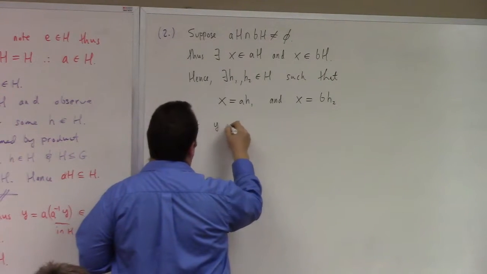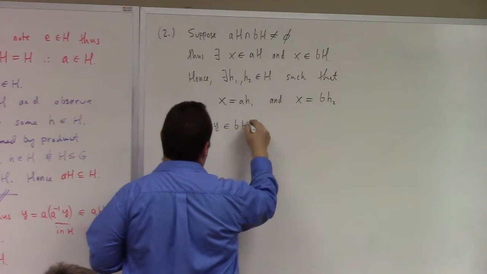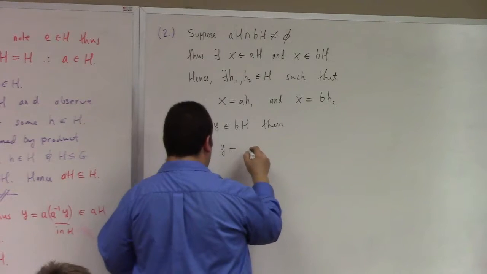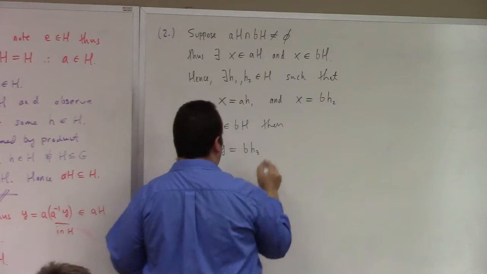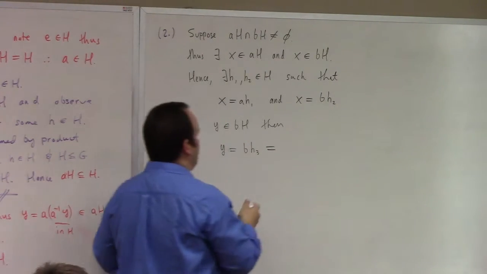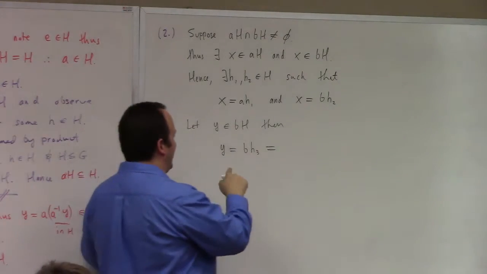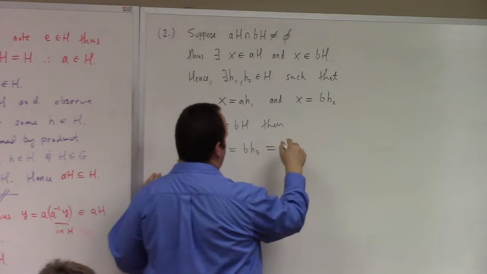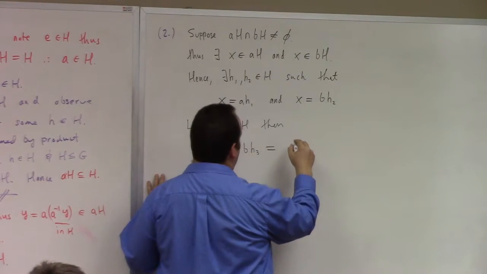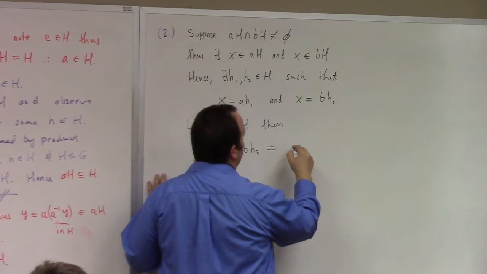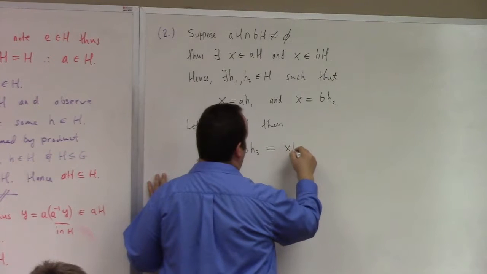So let Y be an element of BH, right? Then Y is equal to B times H3, right? I shouldn't really have erased what I just got. I'm going to try to rewrite B as A, right? So B is equal to, I shouldn't have erased that, I'm an idiot, X H2 inverse, right?